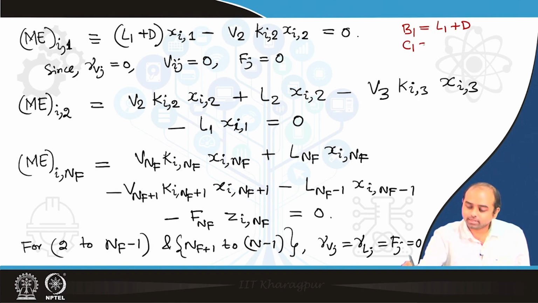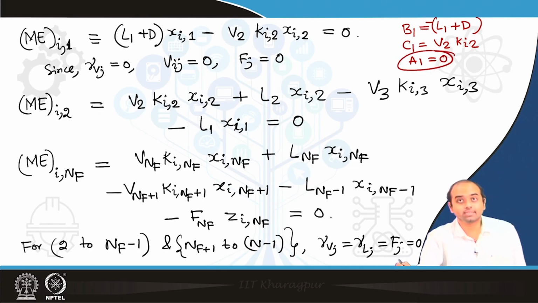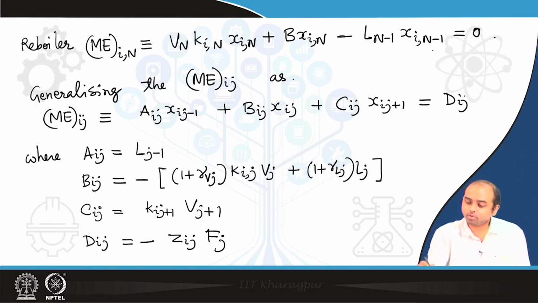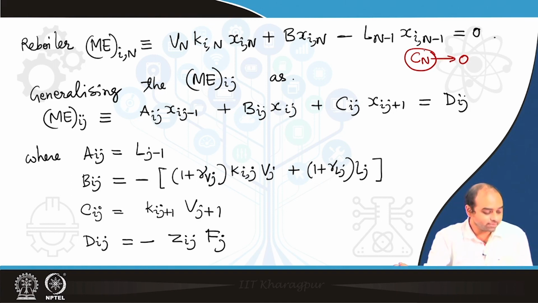And C1 is equal to, so this is minus of this, C1 is equal to V2 into Ki2, but A1 is equal to 0. A1 doesn't exist, right? And similarly for the last tray, the reboiler tray, you will see that there is no term related to xn plus 1. So it means Cn in this case is also 0, right? It doesn't exist. It's not that it is 0, but it doesn't exist.